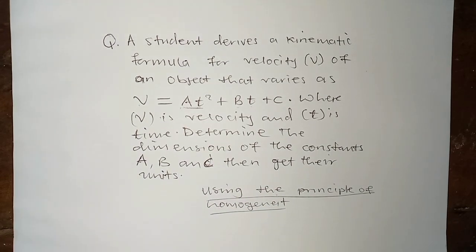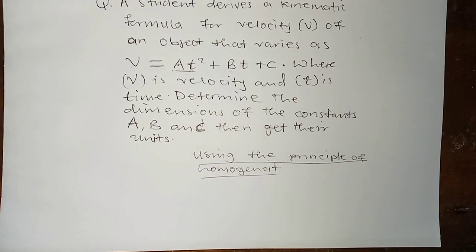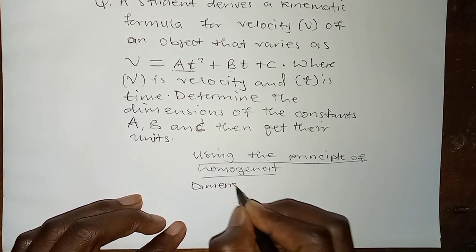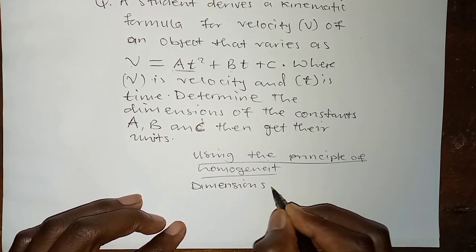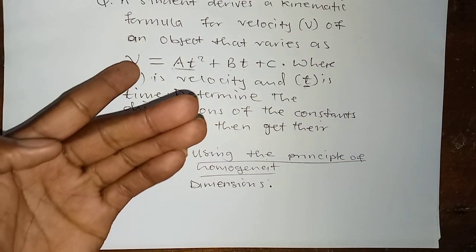All right, if you are able to write it that way, what are we supposed to do next? We need to know the dimensions. Which dimensions are we talking about? We are going to take the dimensions of the quantities which have dimensions. In this case, time must have dimensions, as well as the velocity.